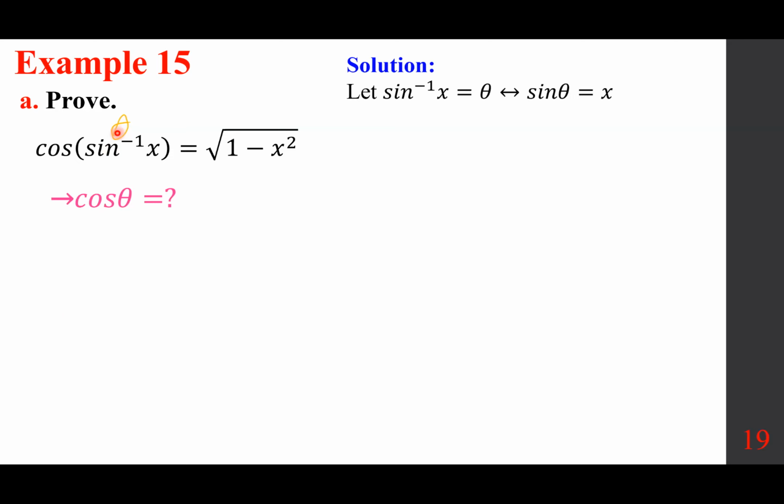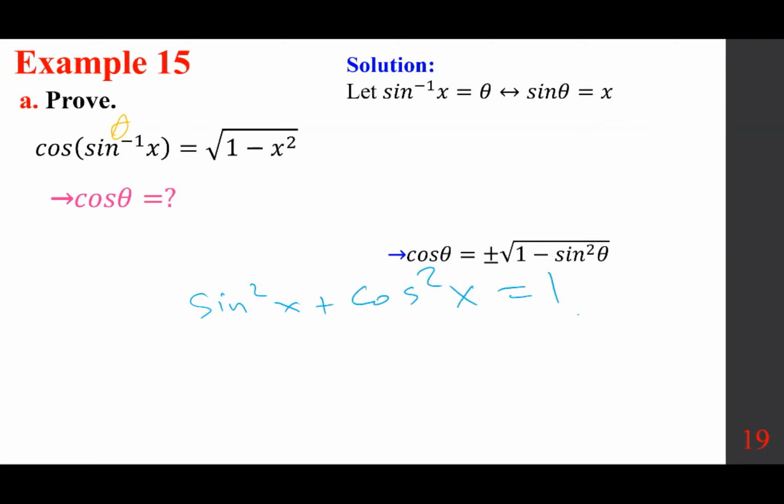So if you let this one be theta, that means sine of theta is x. As you know, sine squared plus cosine squared is 1. And that gives rise to various formulas.